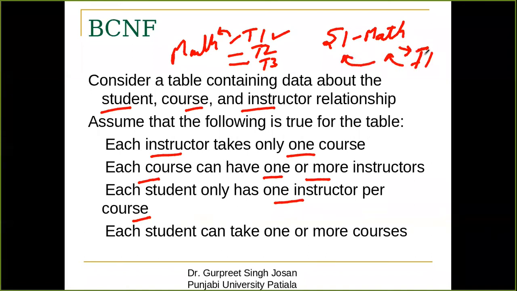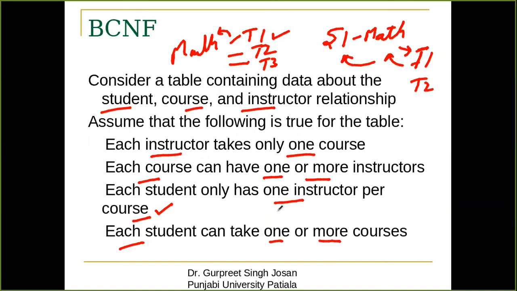It is not the case that T1 is teaching math to student 1 and T2 is also teaching math to student 1. So this case will not be there. And each student can take one or more courses. This is another possibility, that each student can have more than one course.